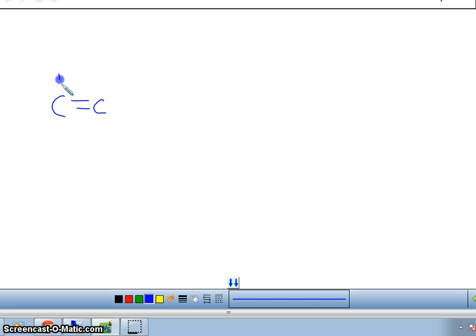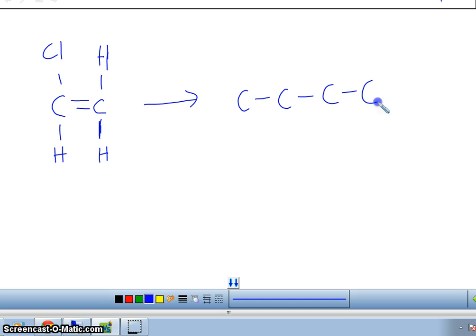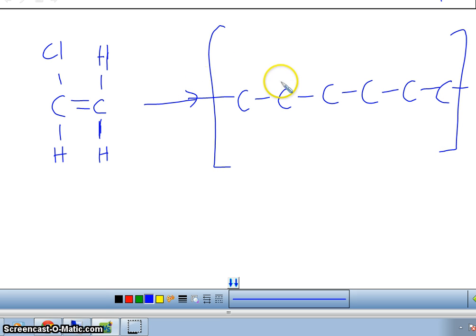Okay, you might have had an example last year where, say, you would have C double bond C, Cl, H, H, H. Oh man, I don't have my favourite one. So this one here, and you might make this, could be a section of your polymer.